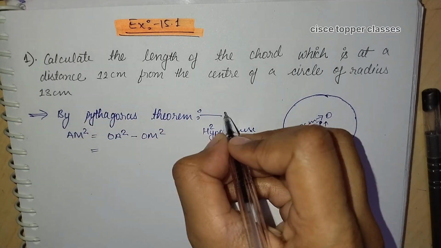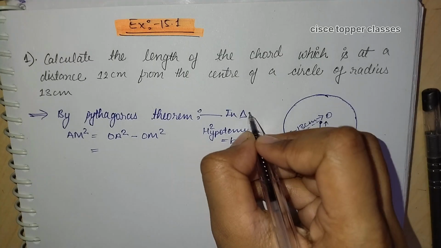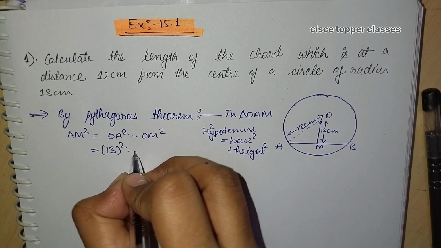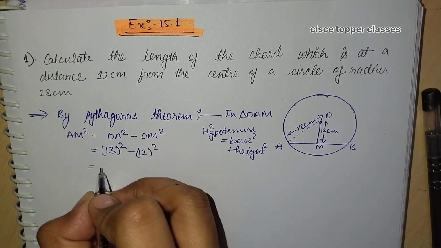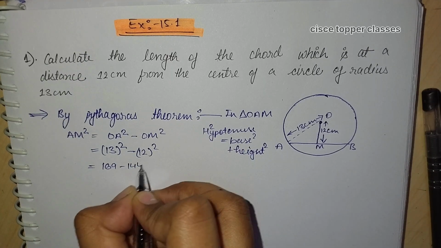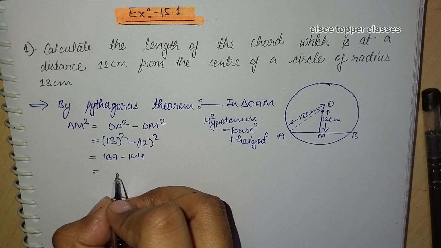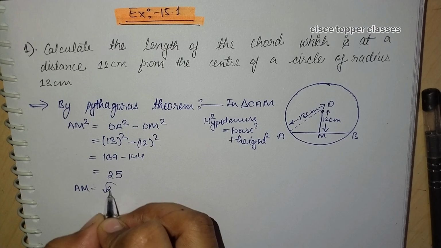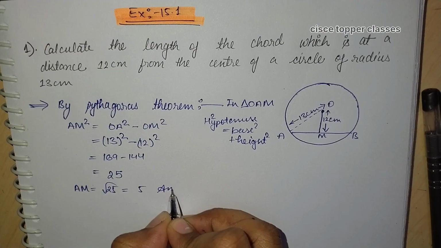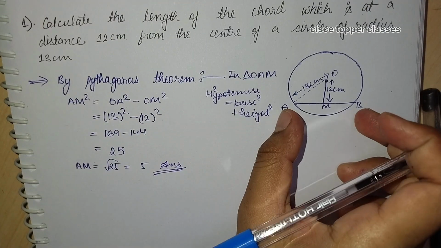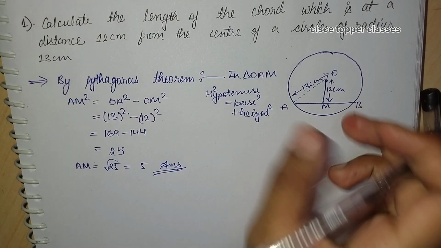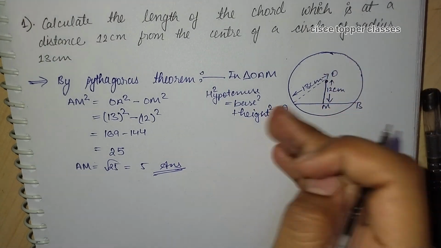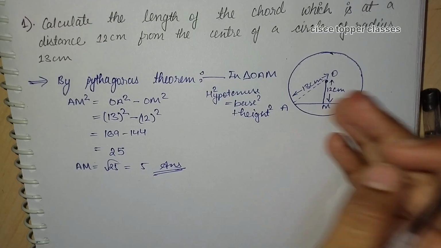So in triangle OAM, by Pythagoras theorem, we can take 13 whole square minus 12 whole square, equal to 169 minus 144. This is equal to 25. We will take the under root, so AM is equal to under root 25, means 5. And we have to find the length of the chord AB. Because the line from the center is perpendicular to the chord, it bisects the chord into two equal parts.